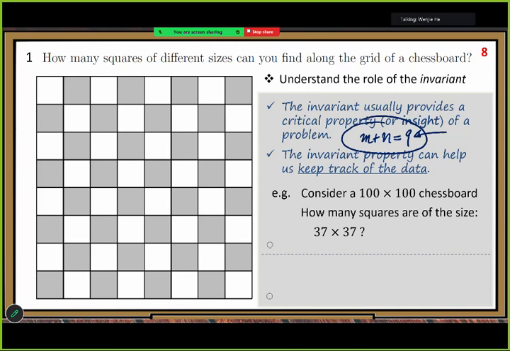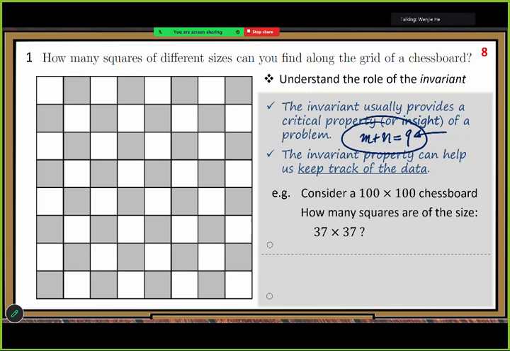That's our previous example. Now we need to apply that understanding from the standard chessboard to this generalized chessboard. The side number of the generalized chessboard is 100 units, right? So 100 plus 1.